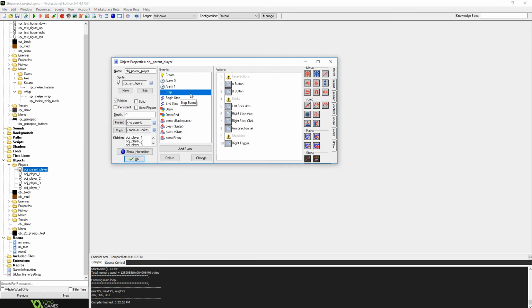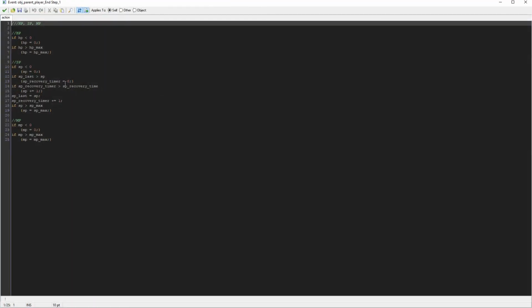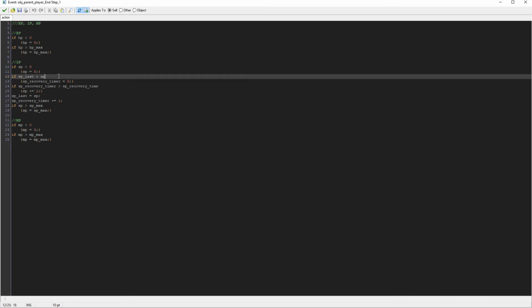So let's do something like this. And SP recovery timer is not less than 0.